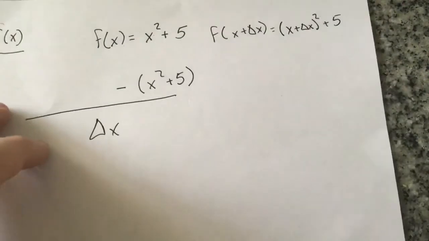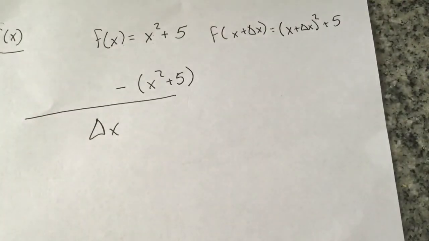Now what will happen is, if you recall again what we were doing before, we had to actually solve or simplify what we have here. We can't just leave it as x plus delta x squared. We actually have to multiply that out, where we have to FOIL it.